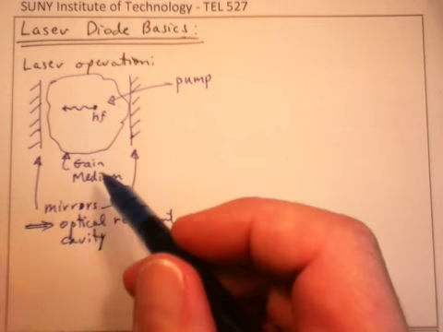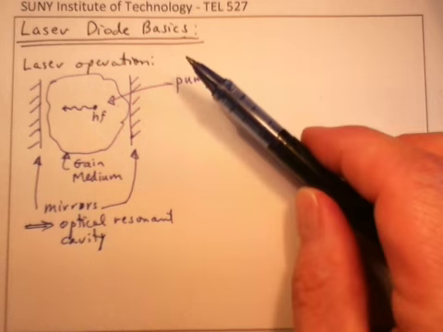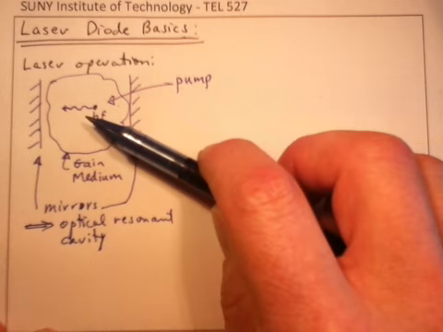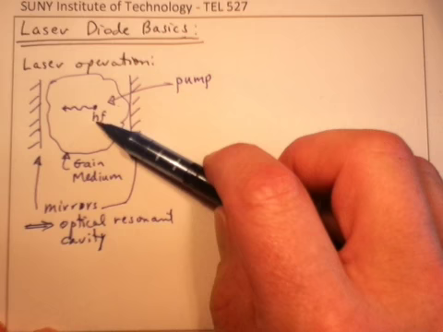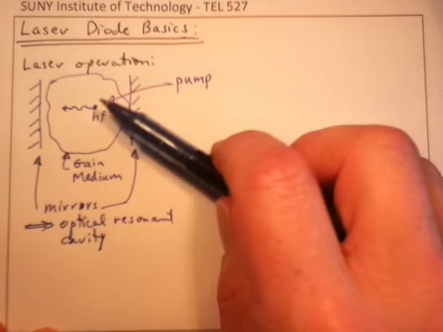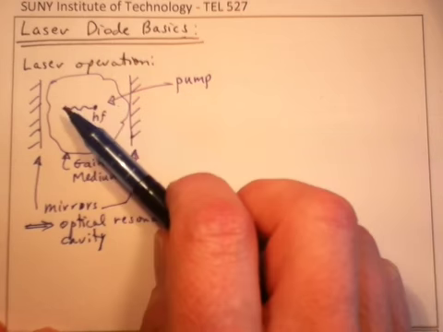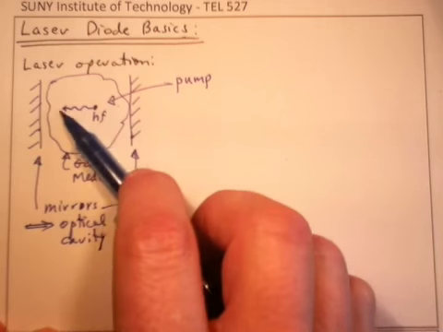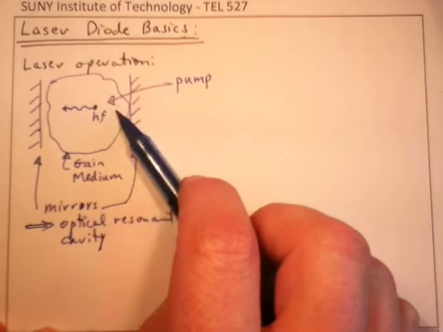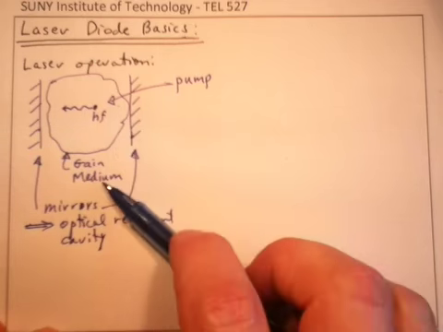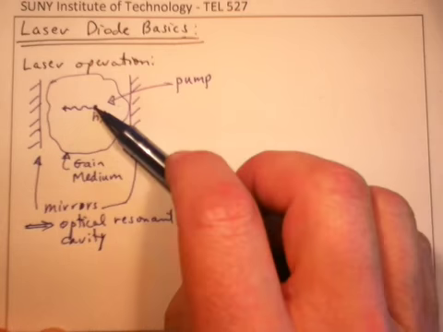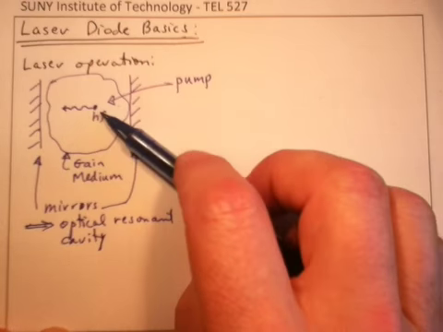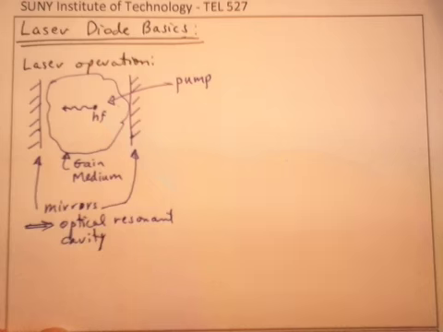Okay? And the way the laser operates is, first of all, you pump some photons in there, here indicated as hf, with a squiggly arrow coming from it. That photon is going to bounce back and forth between these mirrors. And if you have a gain medium, by definition what that does is it causes photons to induce stimulated emission.